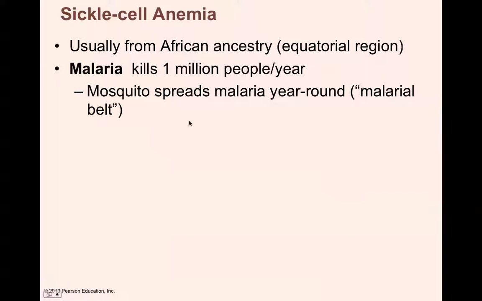That means there's a very large population of mosquitoes, and malaria is the disease that's called endemic because the mosquitoes are not killed off by the winter cold. So malaria is a disease that kills about 1 million people a year in these regions because of the survival of the mosquitoes year round. Mosquitoes spread malaria all year round, and we call this area of the earth the malarial belt, right around the equator, because it's so warm throughout the year.